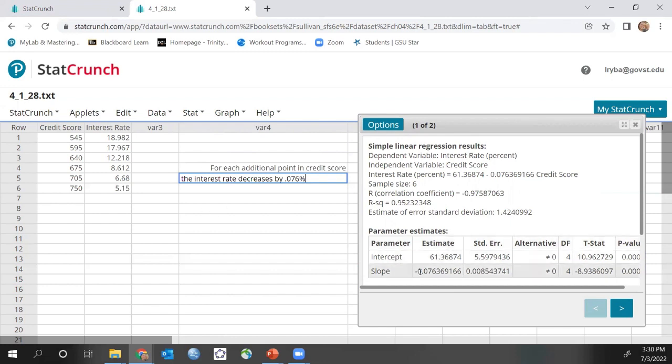If it's a negative value for slope, you say decreases, positive increases. So that's how we define, or interpret, slope.